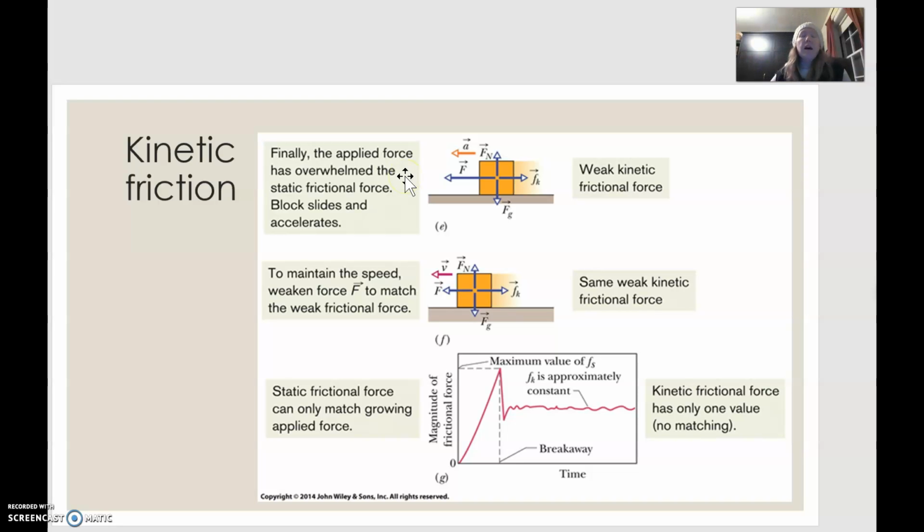And now the kinetic friction force is in charge. And that will be a smaller magnitude, and you can see it on this graph. So then suddenly the force of friction drops in size, still pointing opposite of motion. And then you will see it's weaker, and it's not changing.